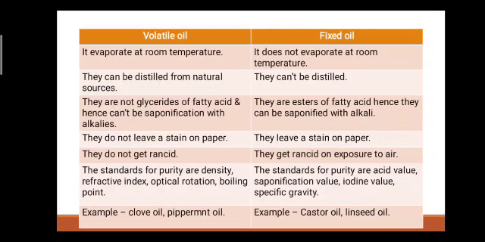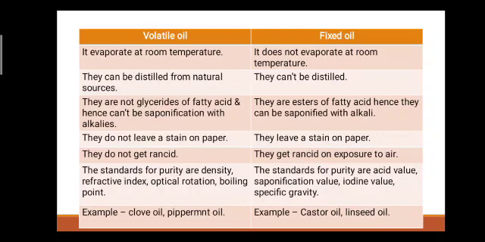Fourth one, volatile oils do not leave a stain on paper, and fixed oils leave a stain on paper. Fifth point, volatile oils do not get rancid, and fixed oils get rancid on exposure to air.